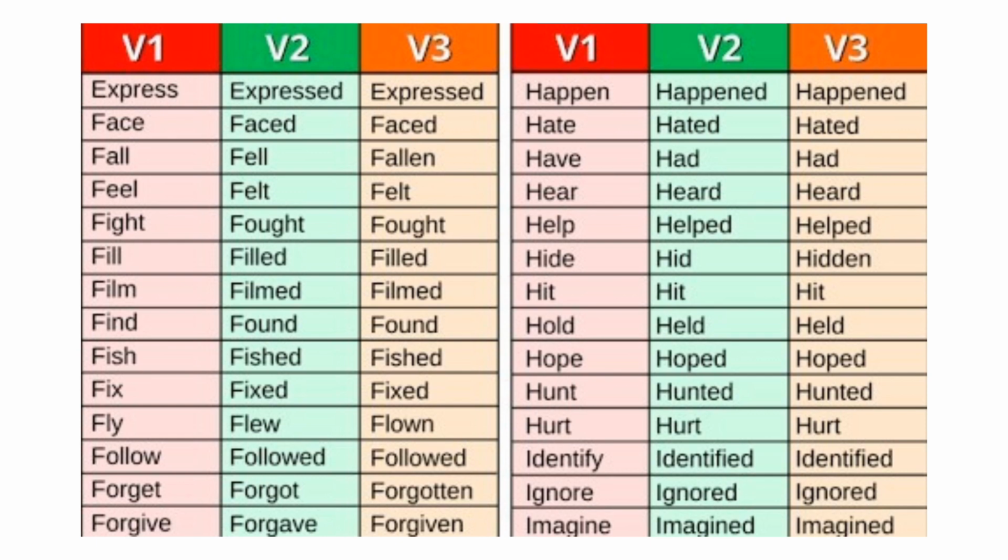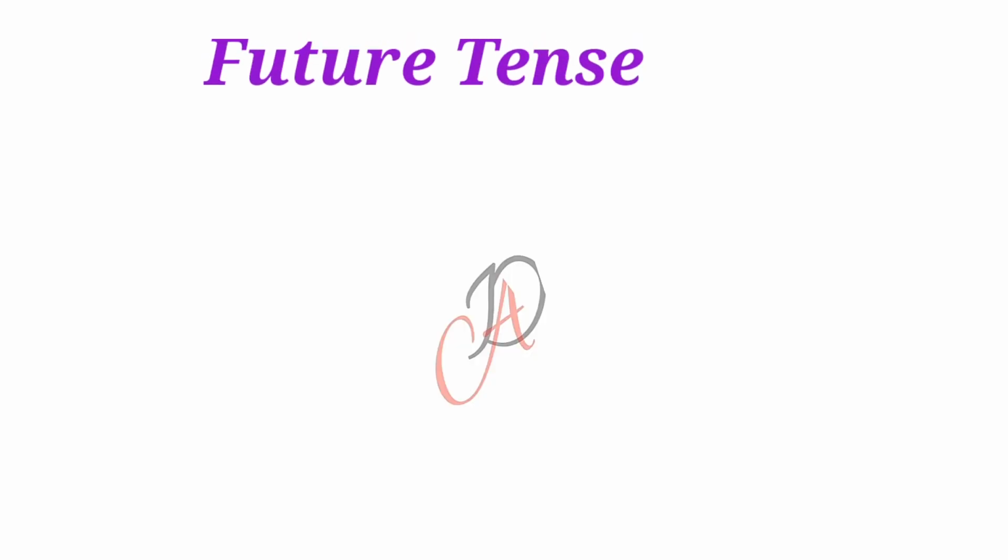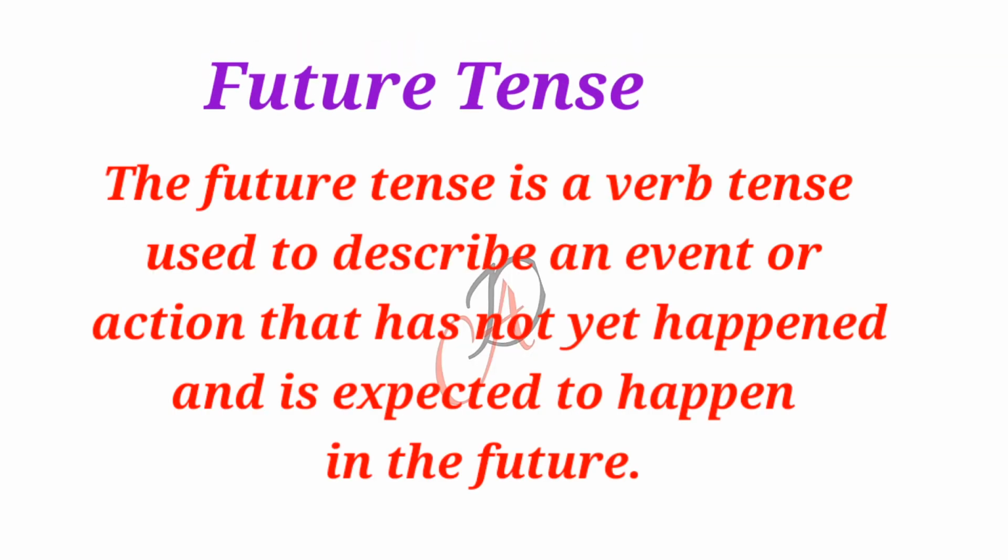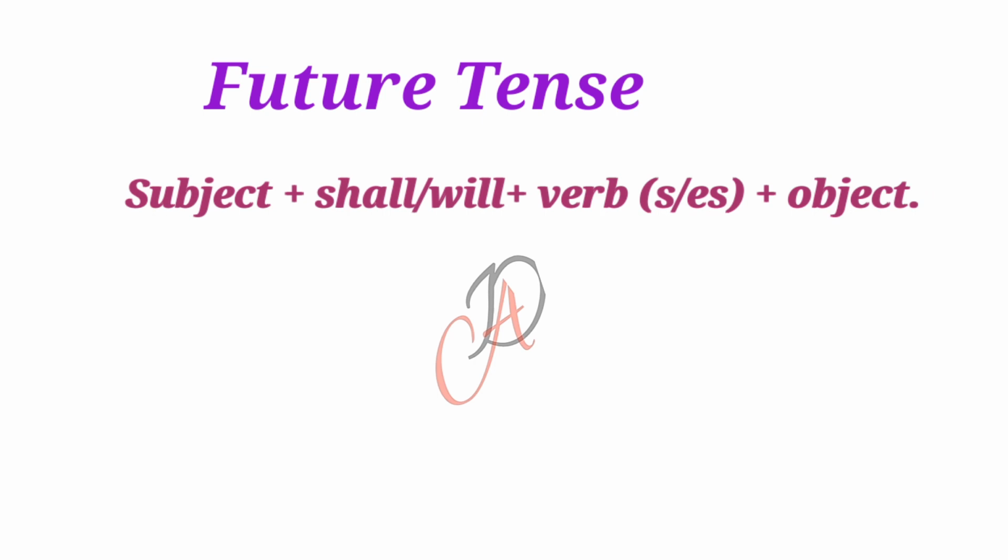Okay, let's move on to the next tense, that is future tense. The future tense is a verb tense used to describe an event or action that has not yet happened and is expected to happen in the future. The structure formula for future tense is subject plus shall or will plus verb plus object.